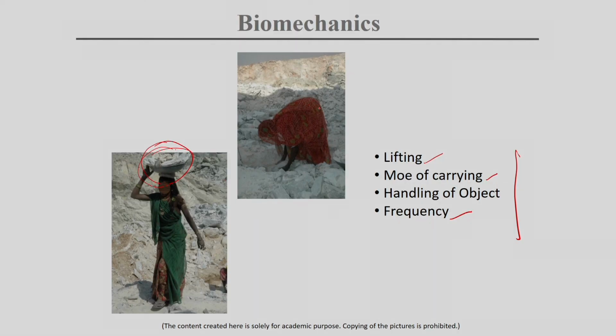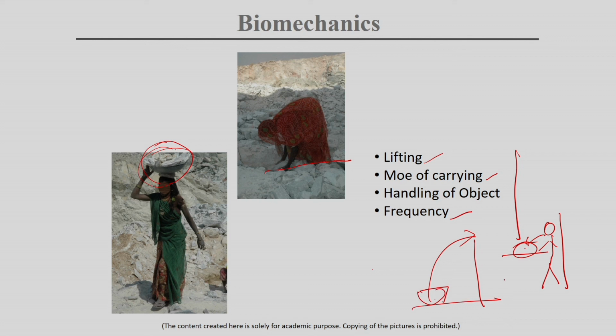Another thing is how the person will bend, so there can be some mechanism so that this level will be minimized. If it is to be raised from the ground to here, then it will be very difficult. But if there is a table and the load is here and the person is here, then the load will be far more decreased than taking it from the ground.